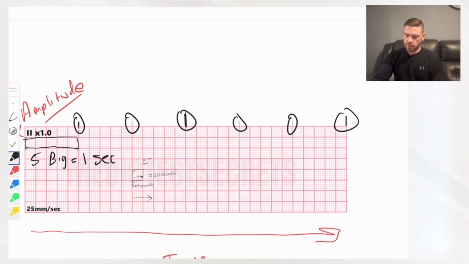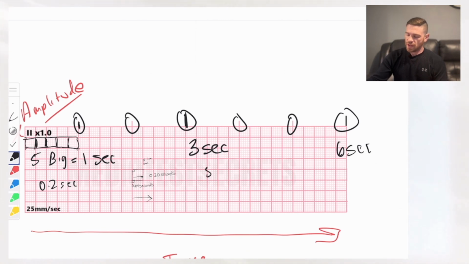And we can see that because we know that one of the big boxes is 0.2 seconds. So 2, 4, 6, 8, 1. So we know that one of these small lines is 1 second. That makes one of these larger lines 3 seconds, and the second larger line 6 seconds, which is why this is called a 6-second strip.